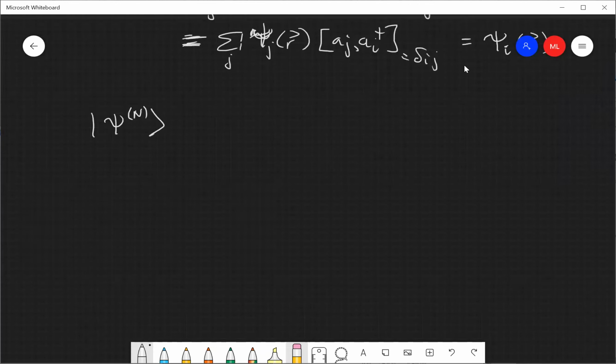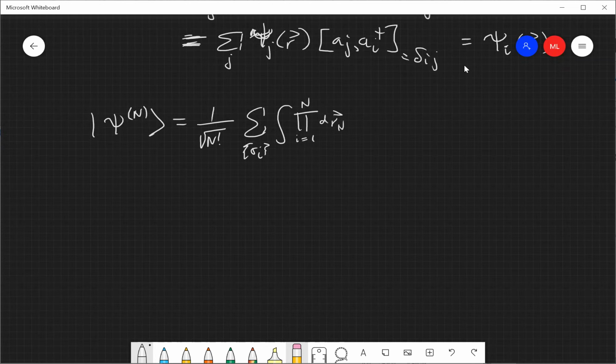An arbitrary n particle state would be the following. I would sum over all of the different spin states, and I would integrate over all of, this is a product symbol now, a collection of n integrals over the n particle coordinates.